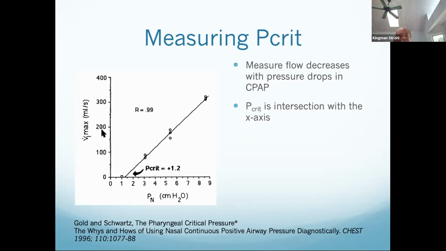And so one of the things we'll be doing on the next CPAP titration, Madhuri, is to create this curve. We'll know the flow from the nasal pressure, and we'll know the pressure by the CPAP pressure. And we'll take about 10 points and we'll put those on a graph, and then we'll draw a line through it.